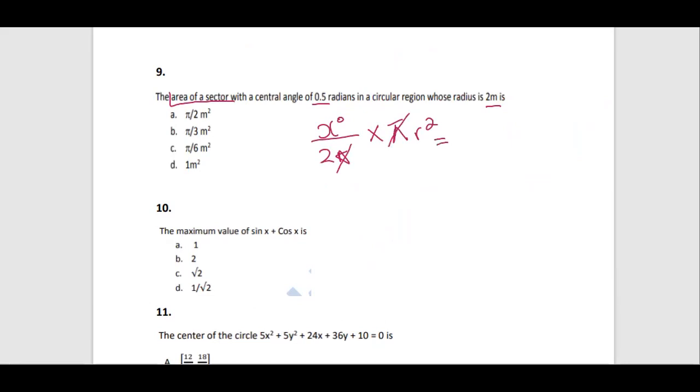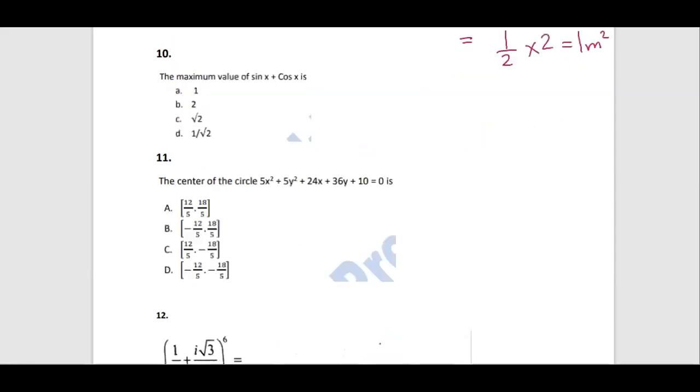The angle is 0.5, that is given, divided by 2 into 2 square, the radius square. So this is going to be 1 by 2 into 2, that is 1 meter square, because the radius is in meters. So D is the answer, right? Okay.